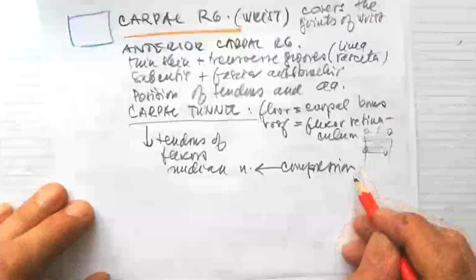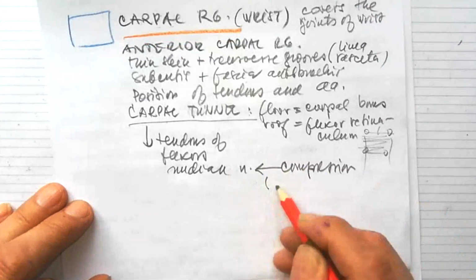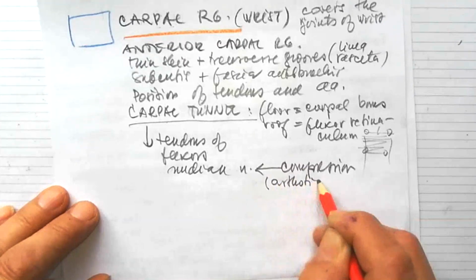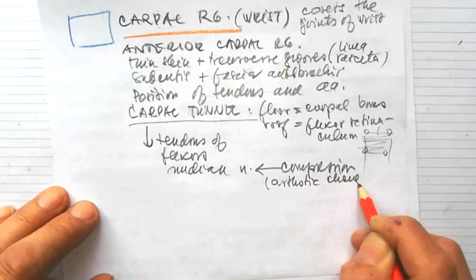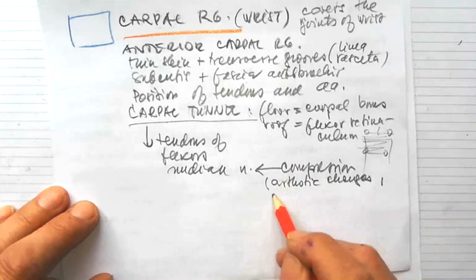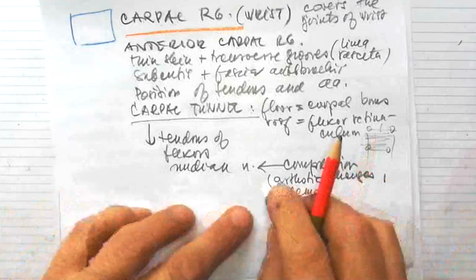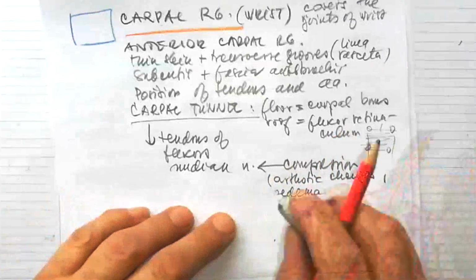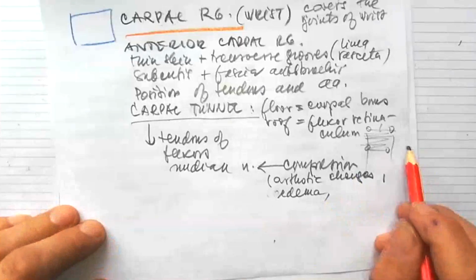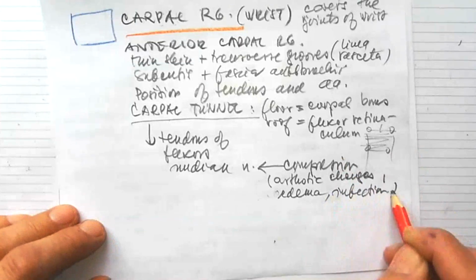This is compression of the nerve, caused either by arthrotic changes of the bones narrowing the canal, or it could also be edema, or infection, and so on.